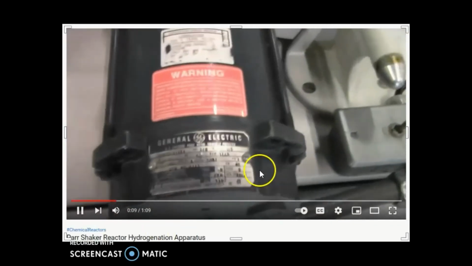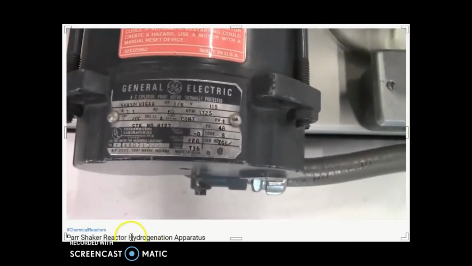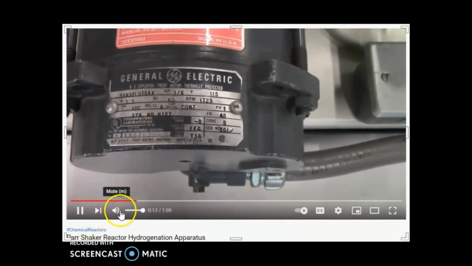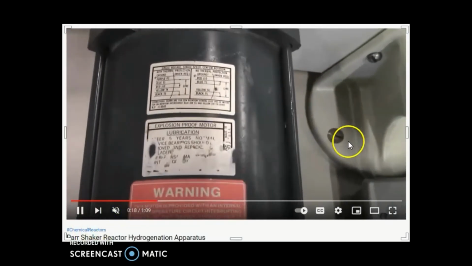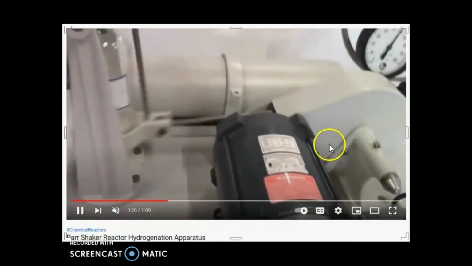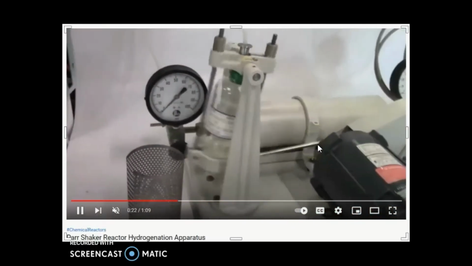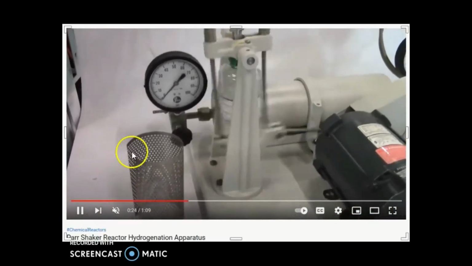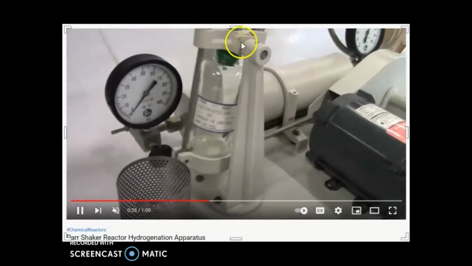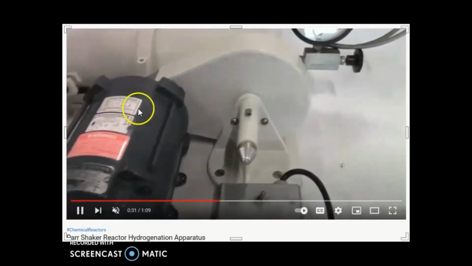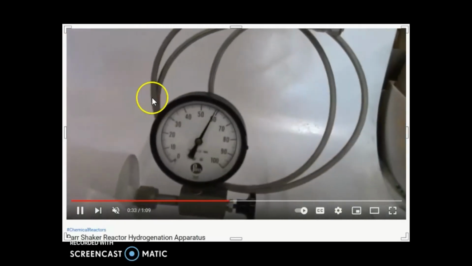I don't think the sound is coming through for you. This is a company that resells instrumentation, and this video is on YouTube, basically promoting the items. This shield goes around the apparatus so that if there is a rupture, large shards of glass don't go flying through the room.